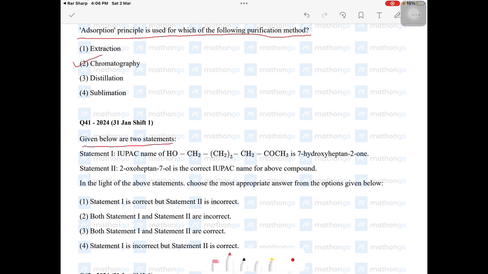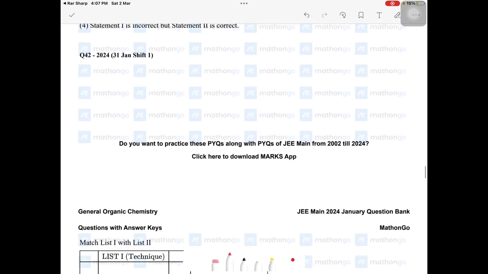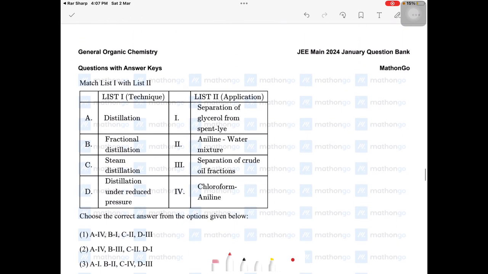41. Given below two statements. IUPAC name of the compound 7-hydroxy pentane 2-one. So 1, 2, 3, 4, 5, 6, 7. 7-hydroxy pentane 2-one is correct, but 2-oxo 7-ol, that is wrong. Why? Because it does not follow the formula of IUPAC name. So statement 1 is correct, but statement 2 is incorrect. 42 question. Match the following. So distillation.